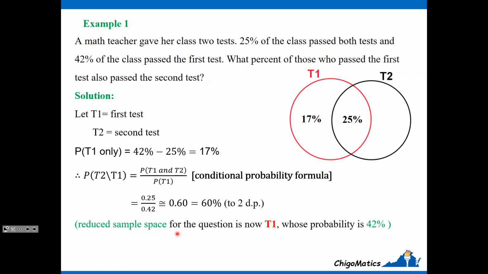So the reduced sample space for the question is now T1, right? Because of this, given that it has happened, that is now the sample space, whose probability is 42%. So we need to understand that when we talk of conditional probabilities, we are already talking of probabilities, not number of elements in a set.